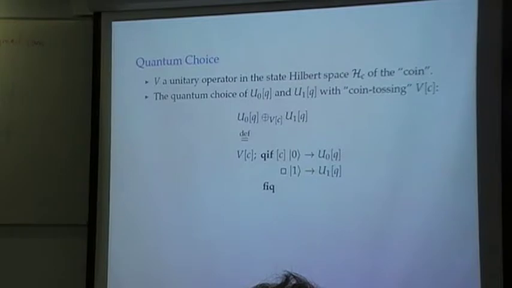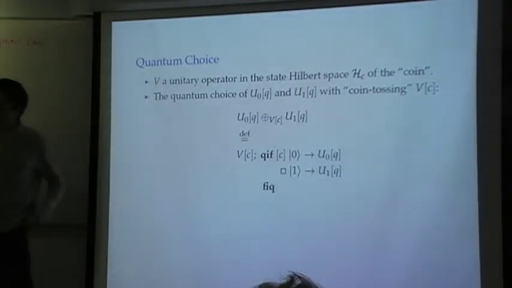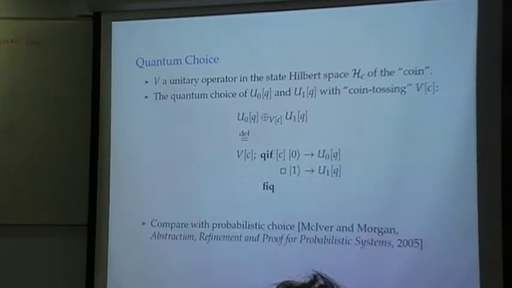Then the quantum choice of U0Q and U1Q using this coin-imposing operator V is just the sequential composition of UC and the quantum case statement. So there are some interesting connections between the quantum choice and the probabilistic choice, but I'm not going into the details of that.